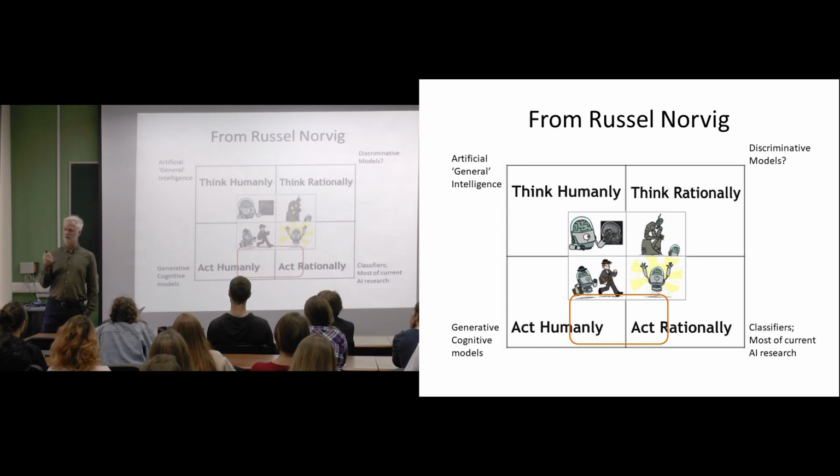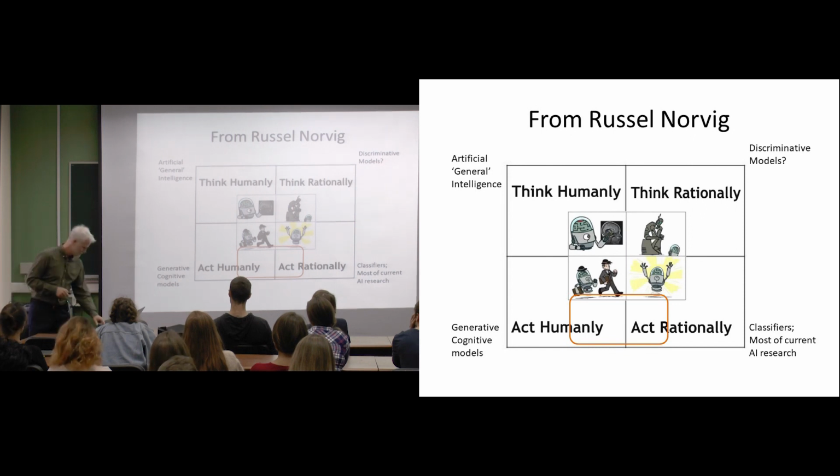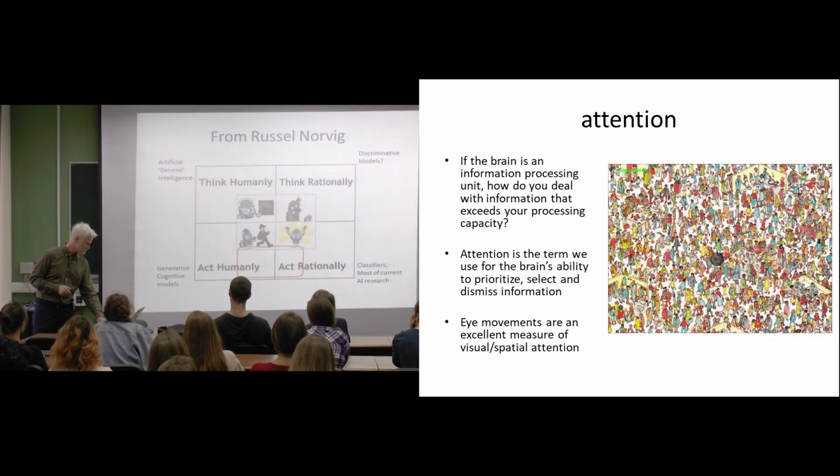If your linear discriminant analysis solves the problem with the highest accuracy, or a Bayesian network or a neural network, regardless of how people do it, if your algorithm can do it better, then by all means choose that approach. It is the goal-driven approach to solving a very specific problem in a rational way. I would argue this is where most of our research is these days, so quite far from artificial general intelligence.